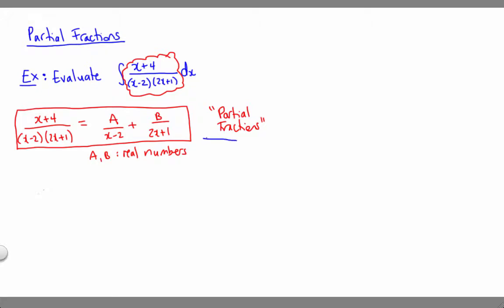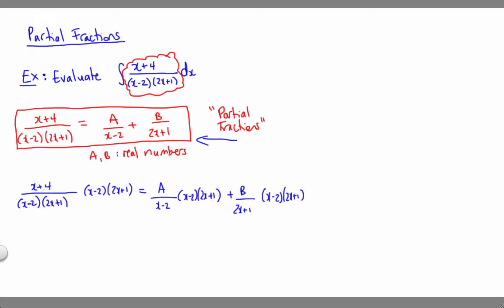All right, now our next task is to solve for A and B. So let's take this expression and multiply it through by the common denominator. I've just recopied the entire equation here and multiplied through by x minus 2 times 2x plus 1. On the left side, the entire denominator cancels.